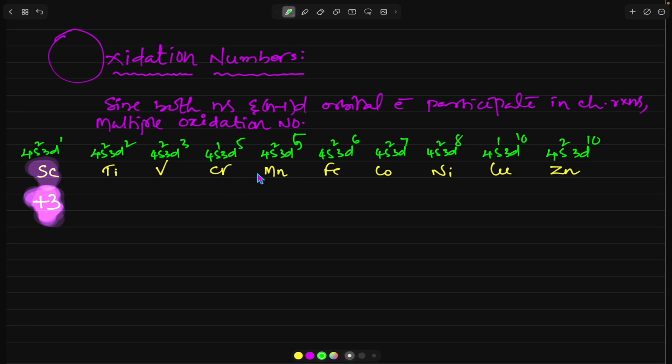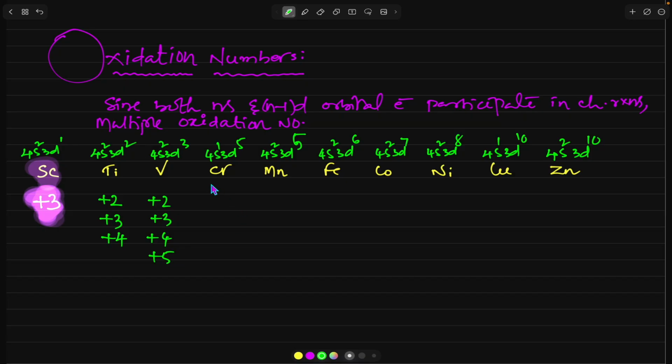When it comes to titanium, it can exhibit +2, +3, and even +4. Vanadium can exhibit +2, +3, +4 and +5.